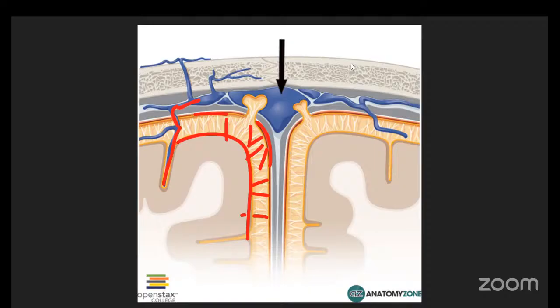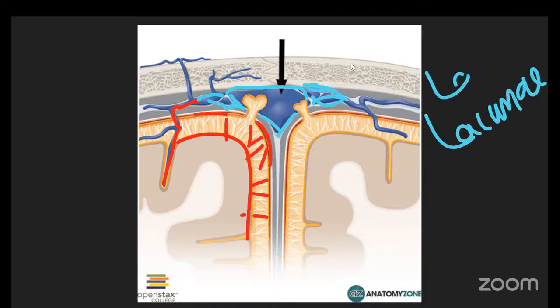On the coronal section, you will identify the actual superior sagittal sinus, and then there are these dilated channels around it, which are called the lateral lacunae. I'm sure most of you are aware that these are nothing but sinusoidal channels, dilated veins, which surround the superior sagittal sinus. They are most prominent around the coronal suture, within 2 centimeters of the coronal suture.